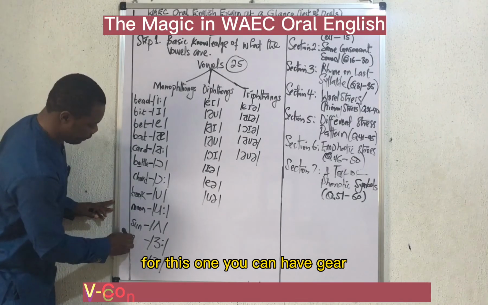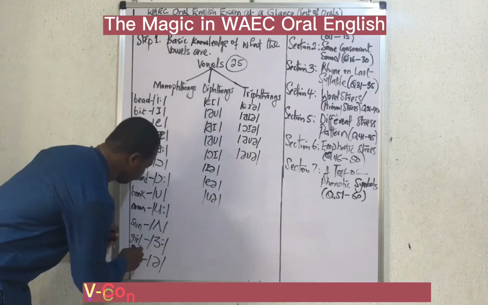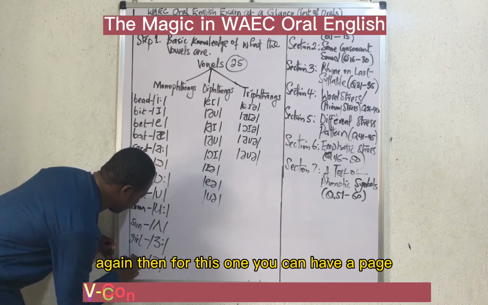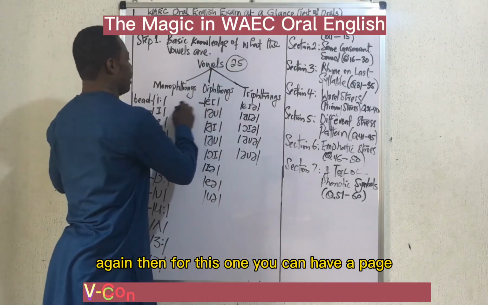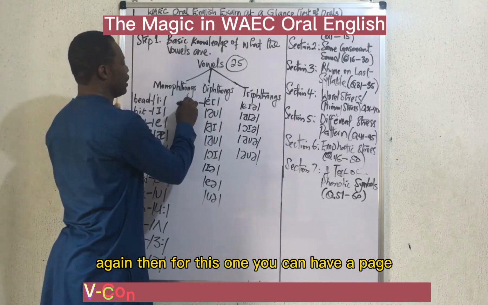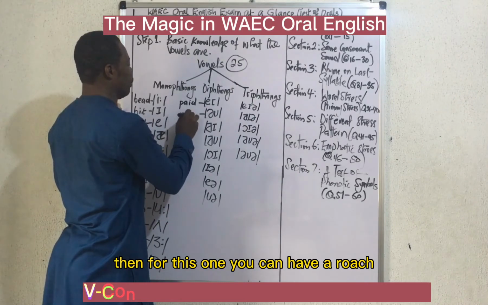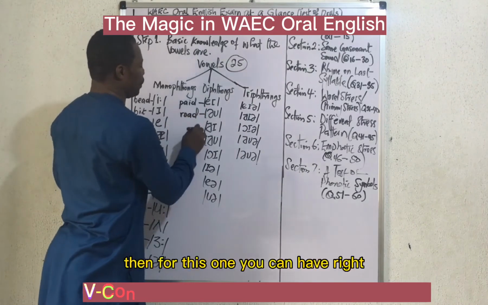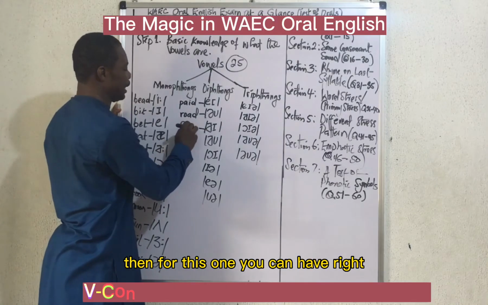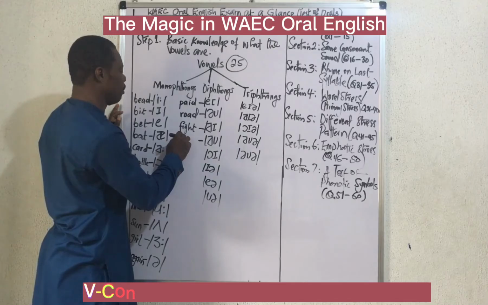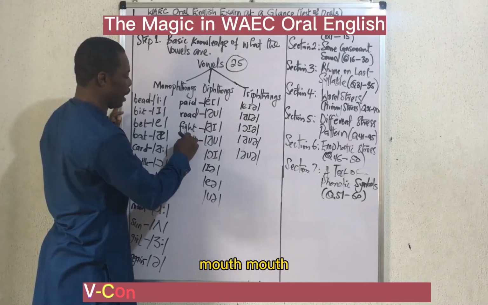For this one, you can have girl. You can have again. Then for this one, page. Then for this one, a road. Then for this one, fight. For this one, mouth.